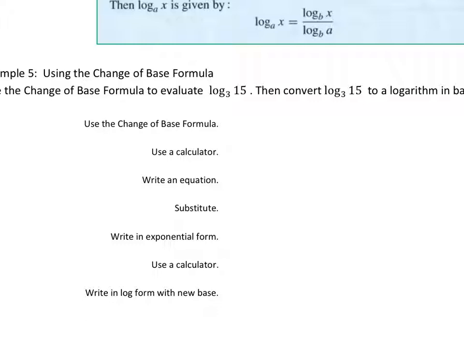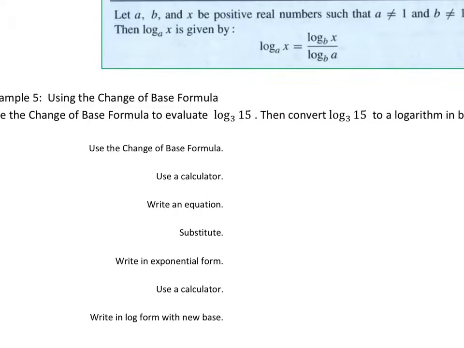We're going to use the change of base formula first, which is right here. So our a is 3, our x is 15. There's where the 15 goes, there's where the 3 goes. Now that b, we can make whatever we want. In order to put it into the calculator, what do we want b to be? What base can the calculator do? 10.